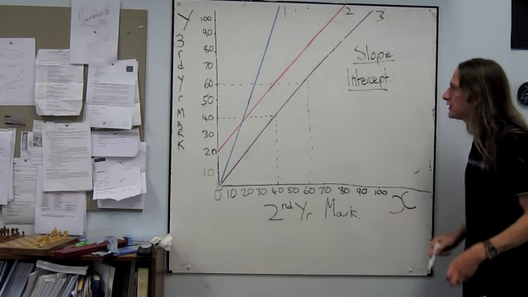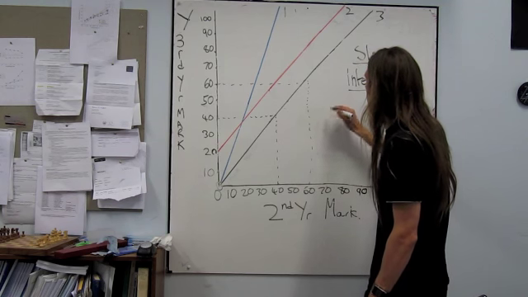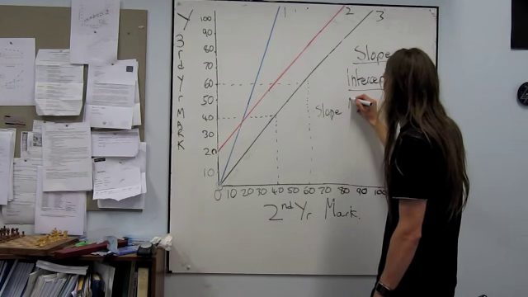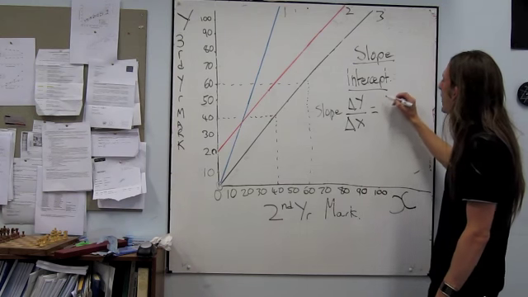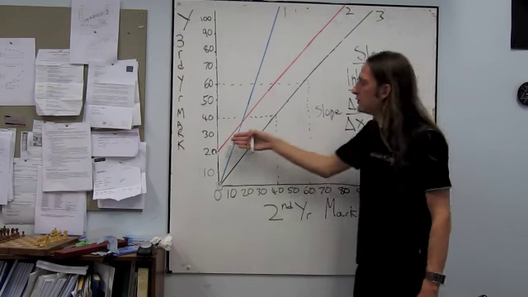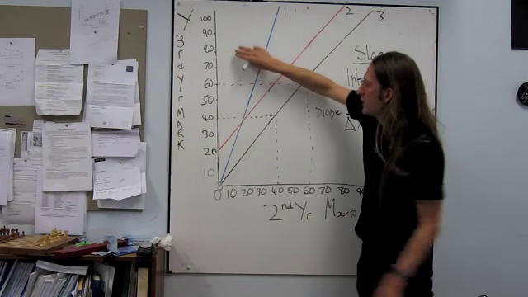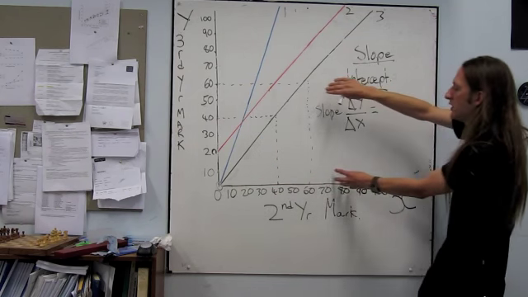The slope is equal to the difference in y over the difference in x. In other words, the slope is equal to the rise, how much it's going up, divided by how much it's going across. So the rise divided by the run.